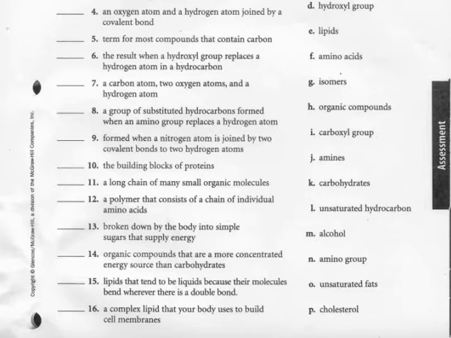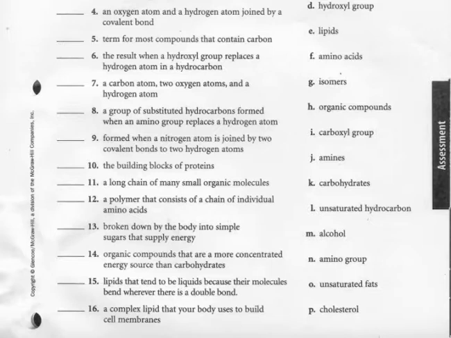Number 22 says, why is propane considered a saturated hydrocarbon? A saturated hydrocarbon is one that has all single bonds. So propane has all single bonds, with the different hydrogen atoms added to it for your saturated hydrocarbon. Number 23, why is ethanol considered to be a substituted hydrocarbon?